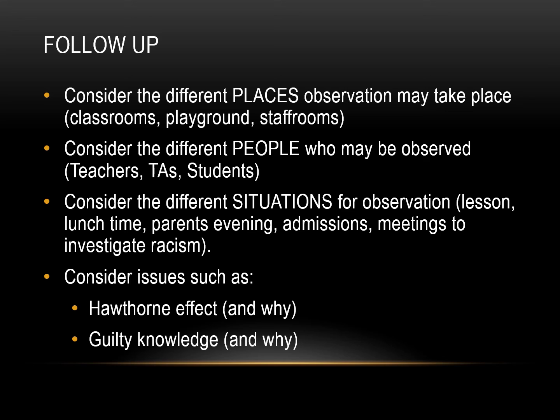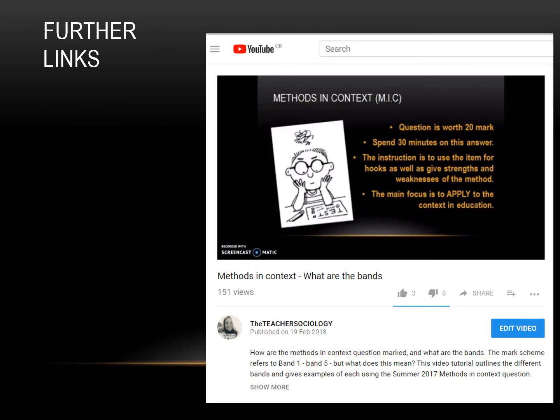For example, it might be in school, it might be after school, it might be during lunch times, and so on. And other issues you can bring in are things like Hawthorne effect, guilty knowledge, right answerism, those types of things. And I've also got other videos on the methods in context, which show you a range of different examples, different contexts that you might be studying, just to help you with answering these questions.